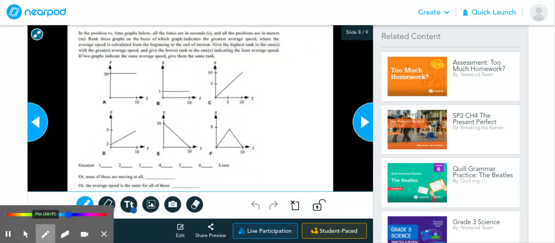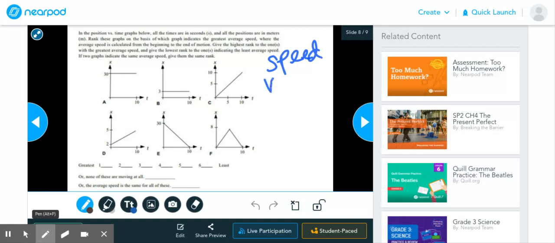Okie dokie. So we've got position time graphs, and what we need to do is rank the graphs based on which graph has the greatest average speed. The average speed is calculated from beginning to end of motion. And we're talking about speed here, not velocity. So remember how back in Unit 1, we had v equals change in x over change in t.